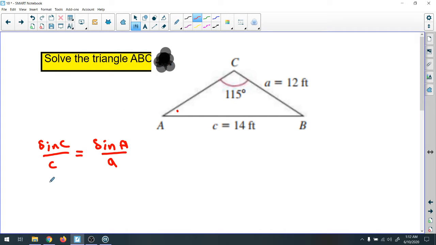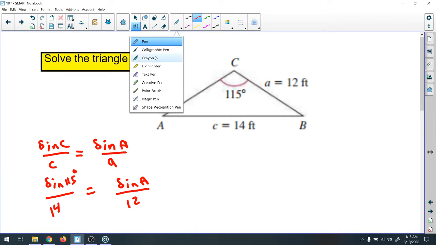So sine of C, which is sine of 115 degrees, divided by c, which is 14 feet, equals sine of A, which we don't know, divided by a, which is 12.